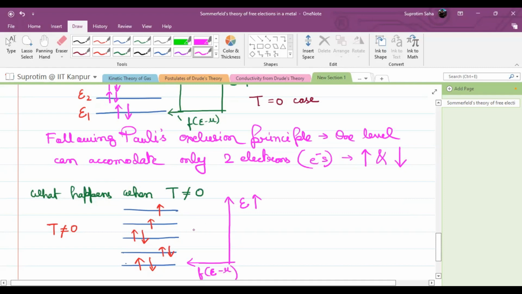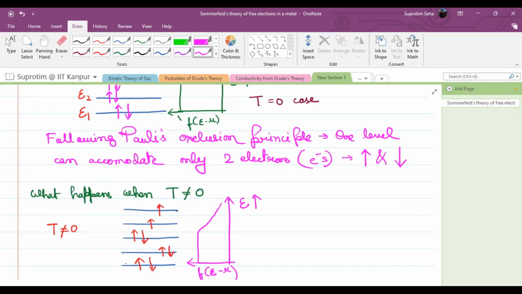Up to this point, it will be smeared out, because the levels are not filled up to their full capacity. The thermal energy is supplying the extra energy, which enables some of the spins to go up to a higher energy level. So the Fermi distribution will follow a proper distribution for the T not equal to 0 case, with a distribution in the non-occupancy levels of the electrons.